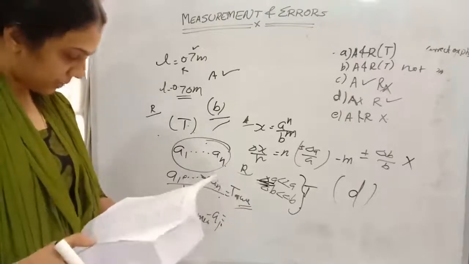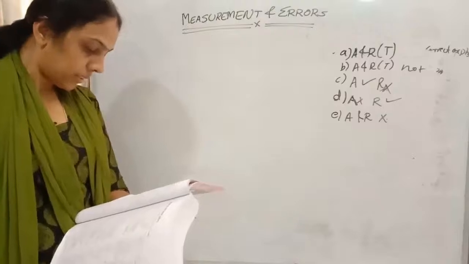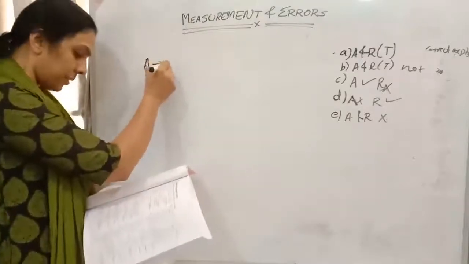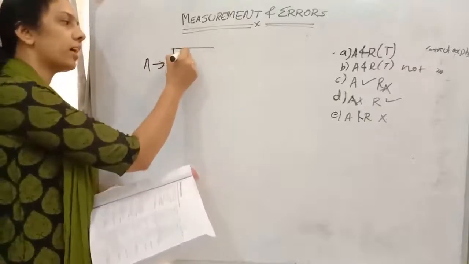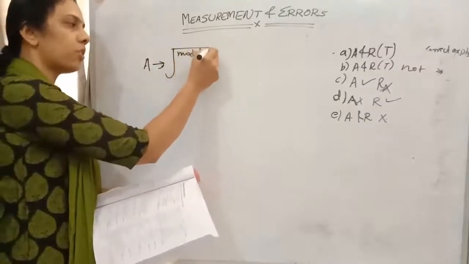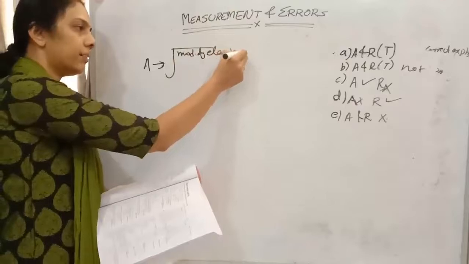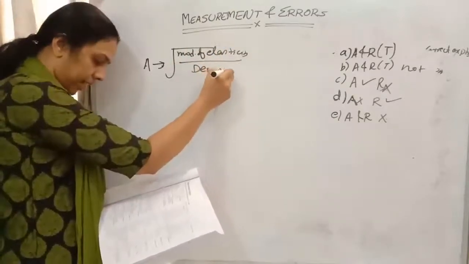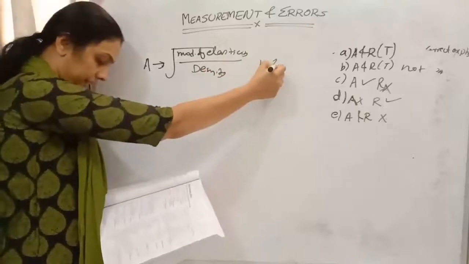Next question is given. Here the assertion says the square root of modulus of elasticity divided by density has the unit of meter per second.